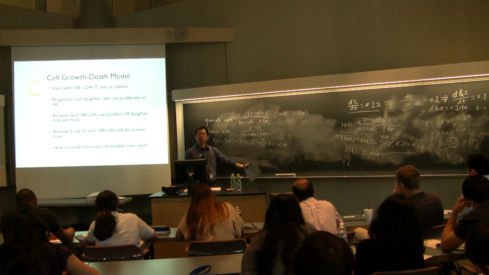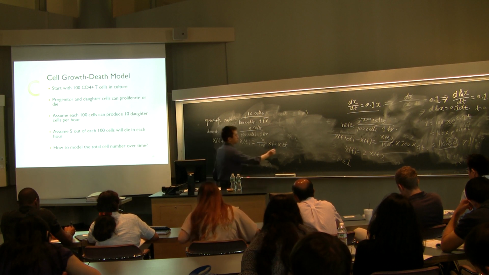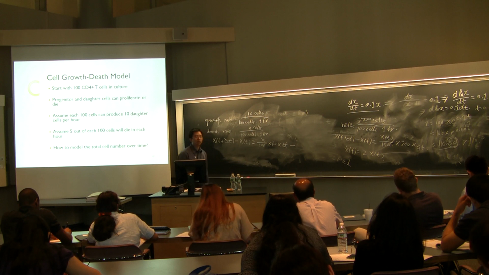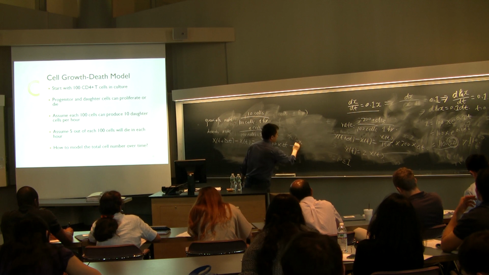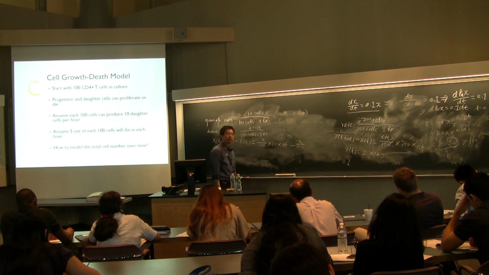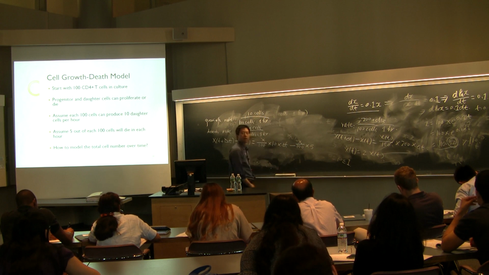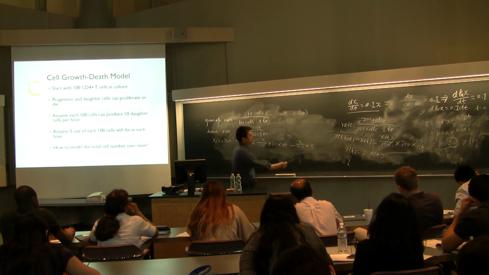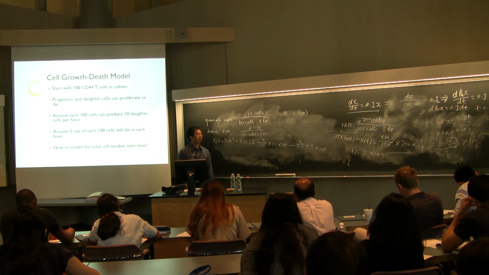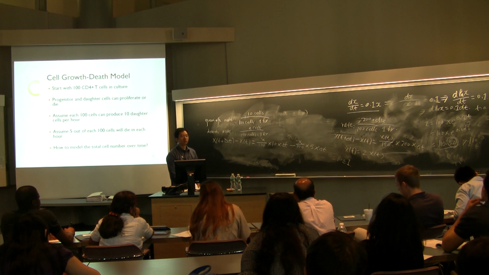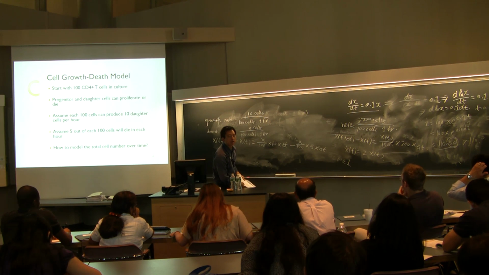That's just as before. The only new thing here is that we need to consider the deaths, so we subtract the deaths. Because 5 out of 100 cells will die, first I calculate how many 100 cells I have, then they will die. This is per unit time, so I still need to multiply delta t.